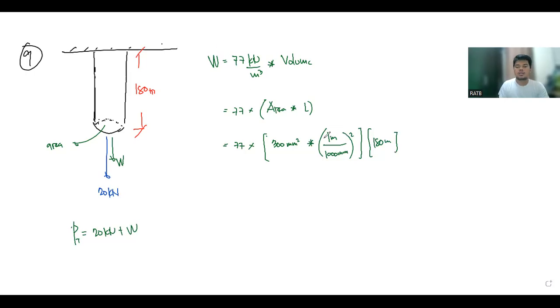Of course you can cancel out the mm squared. So you will have an answer of 77 times 300 divided by 1000 squared, times 180. So the weight is 4.158 kilonewton.